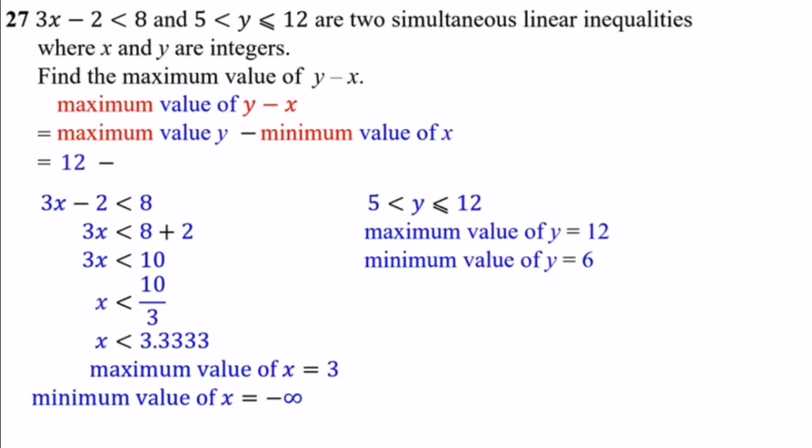Because it is negative infinity, the value becomes a very small number to the left. So now how to solve this? The answer will become 12 plus infinity, so it becomes a very big number.